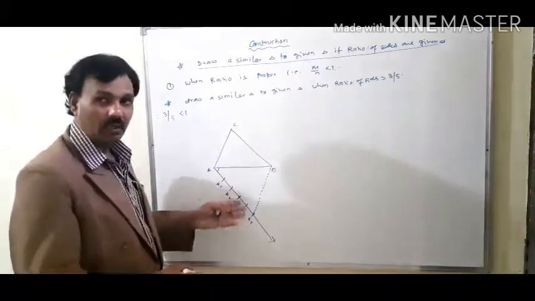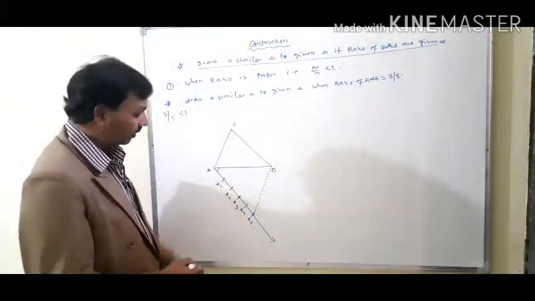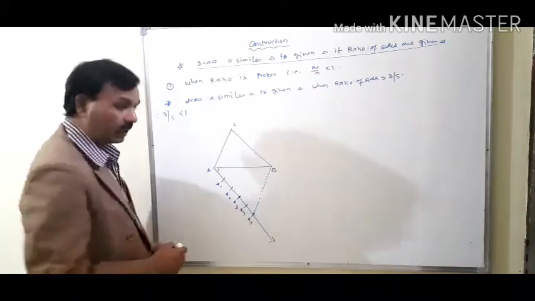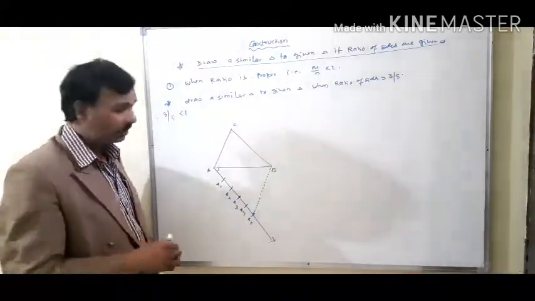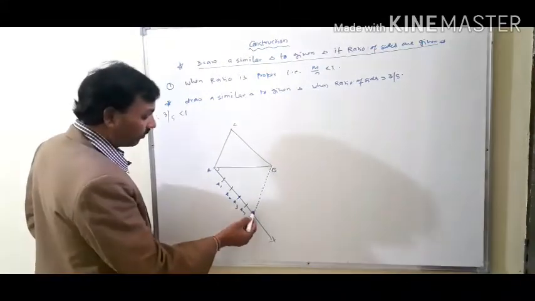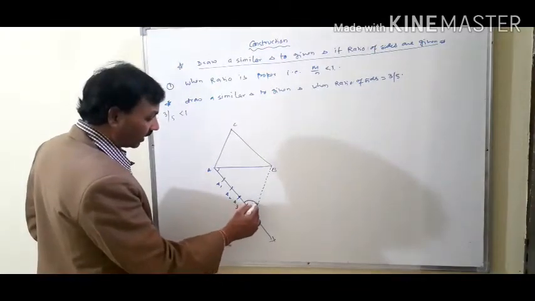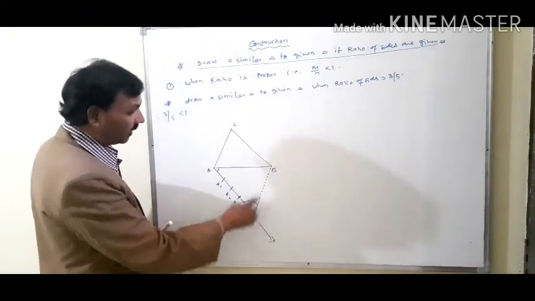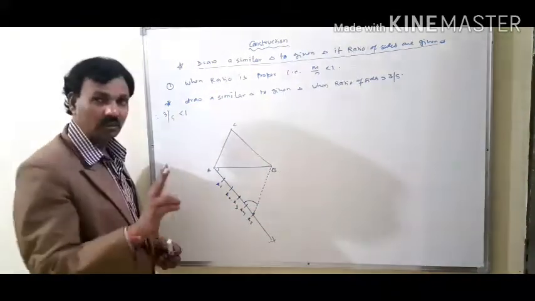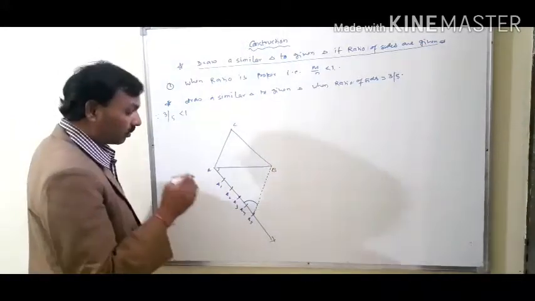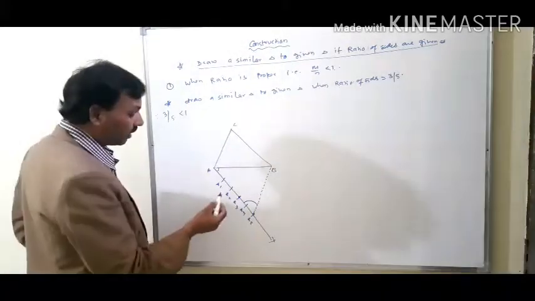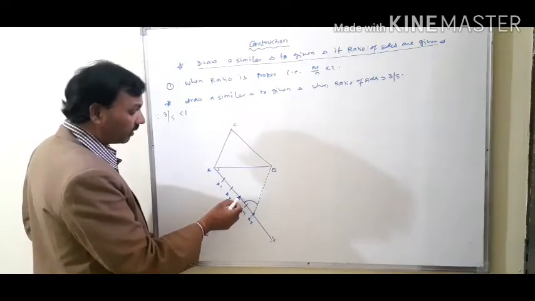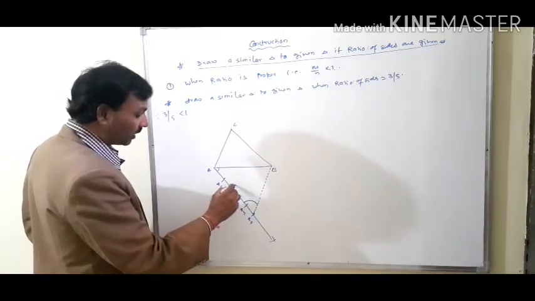How to draw the parallel line? I tell you here. Take any radius in your compass and put on A5 and cut an arc like this. This arc touches the AX line and BA5 both. Don't increase or decrease. Put on A3 and cut another arc like this.